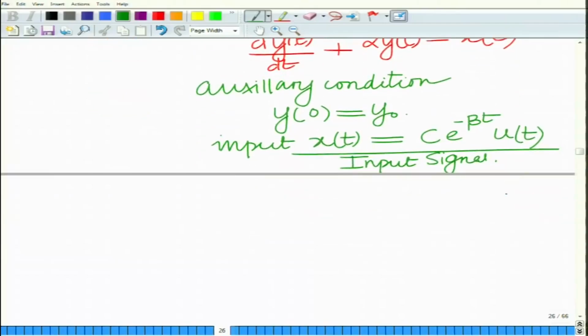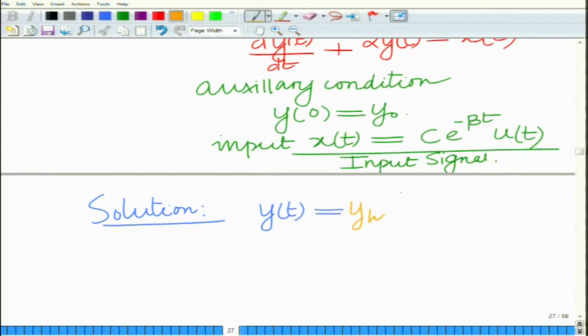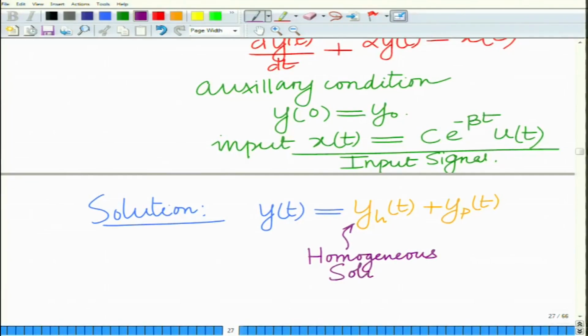So, we have seen that y t can be expressed as y h t plus y p t.